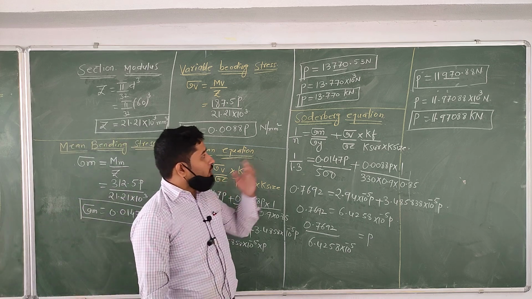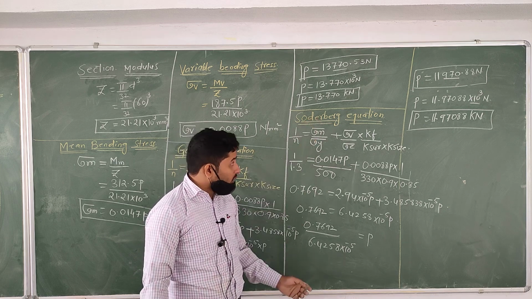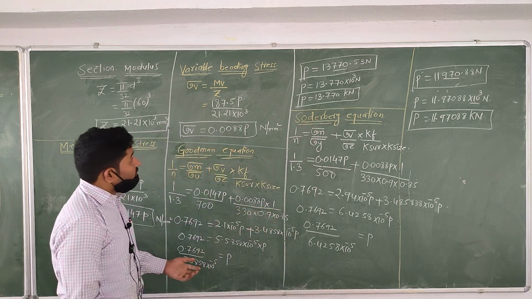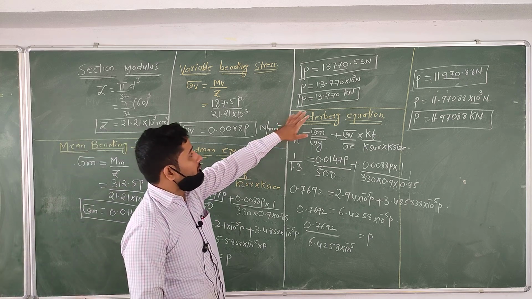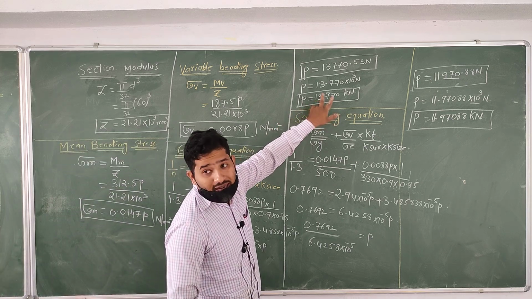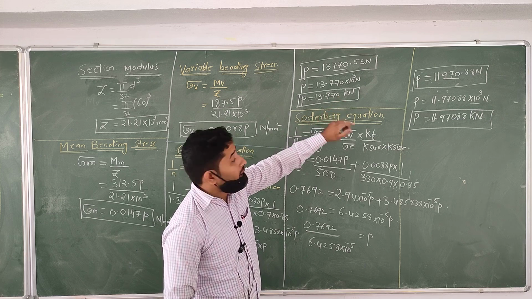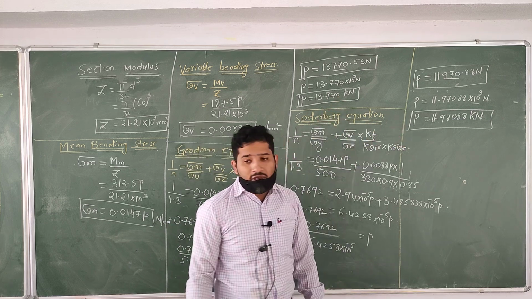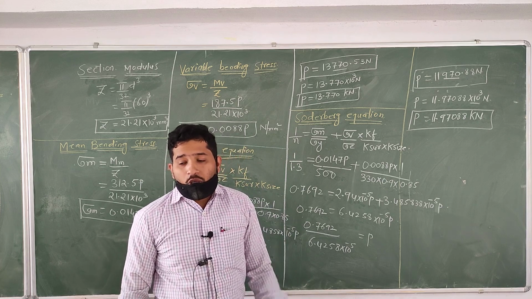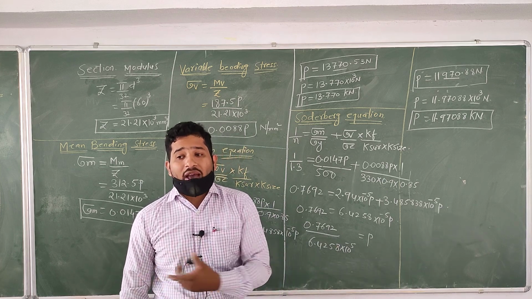So here, which one is the biggest value we got, with which method? The biggest value we got from, sorry, with the help of which one? Goodman equation. In the Goodman equation, how much we got it here? 13.770 kilonewton. In the Soderberg equation, we got the value 11.97088 kilonewton. So we need to consider the biggest value. Is it right?